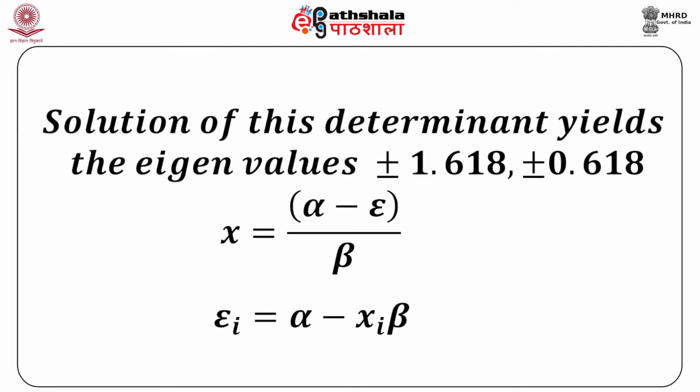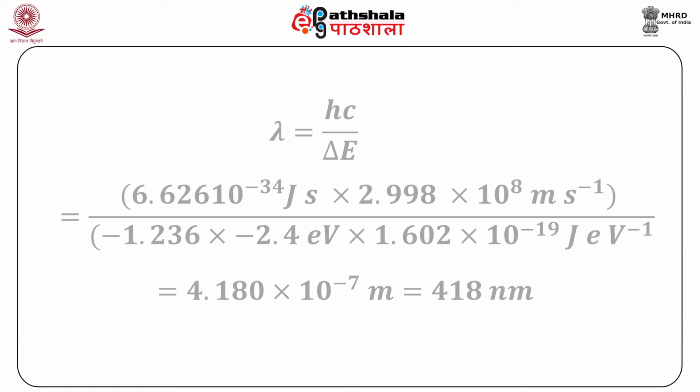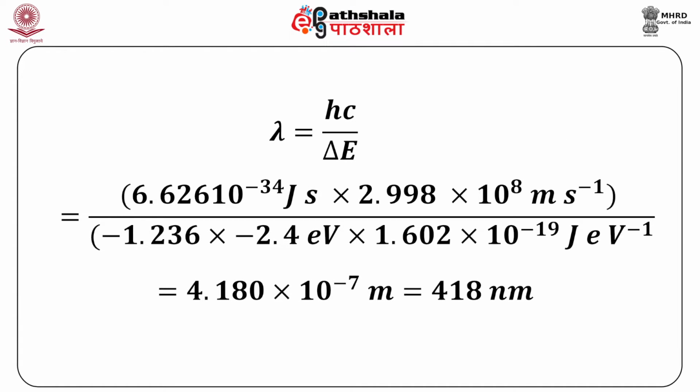When you solve this 4 by 4 determinant, you get the eigenvalues plus or minus 1.618 and plus or minus 0.618, and X in this case is equal to (alpha minus E) divided by beta. It follows that the orbital energies are given by E_i equal to alpha minus X_i beta. The HMO transition energy is thus from alpha plus 0.618 beta to alpha minus 0.618 beta.